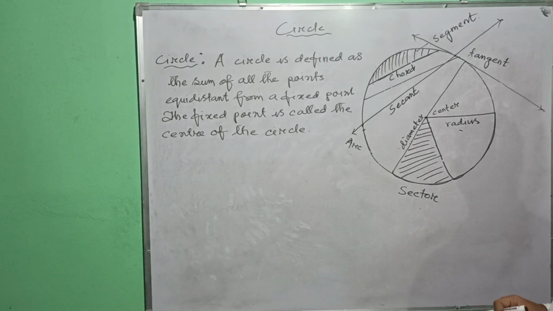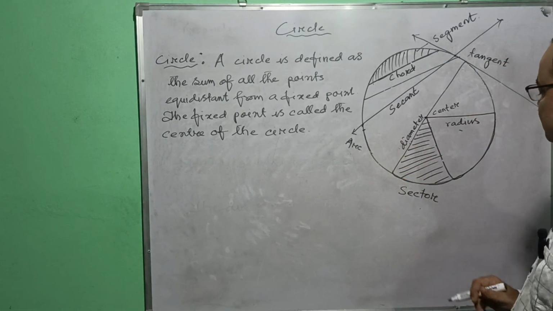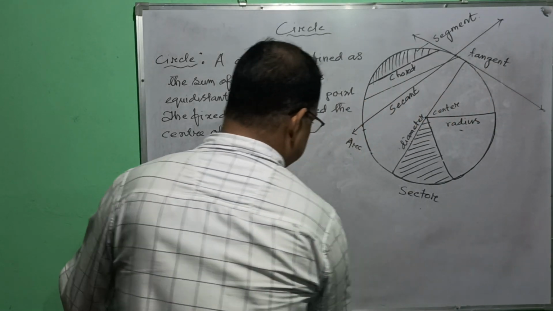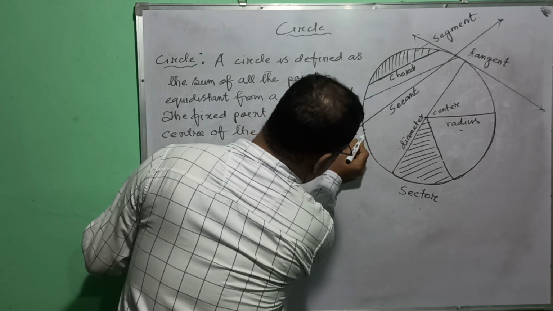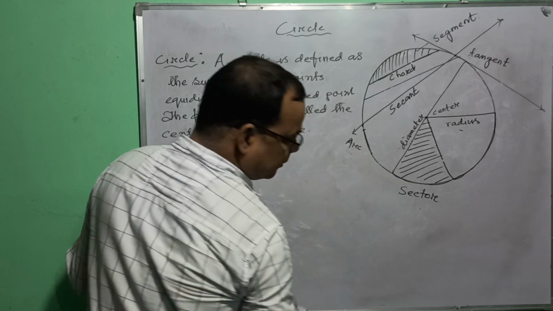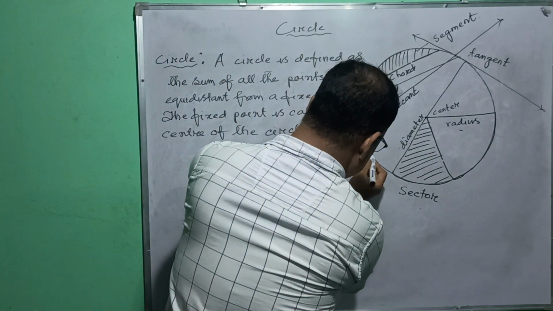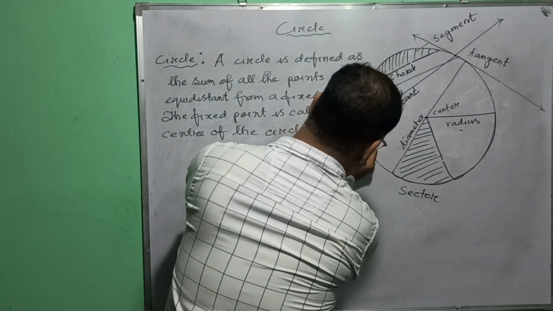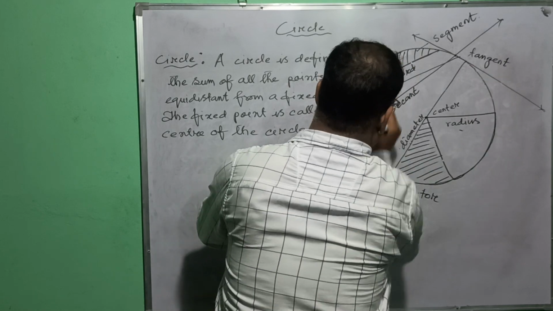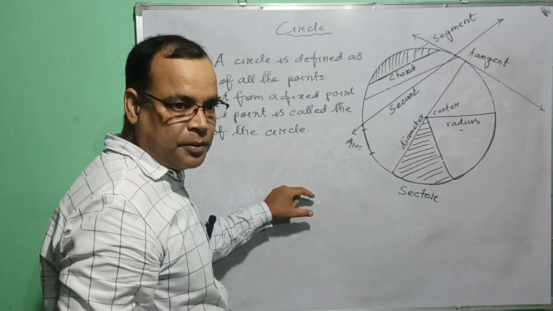Now we'll discuss about the arc. I told you that this is one of the arcs, but if we see carefully, we can see that the remaining part, from here up to this, this part also an arc.